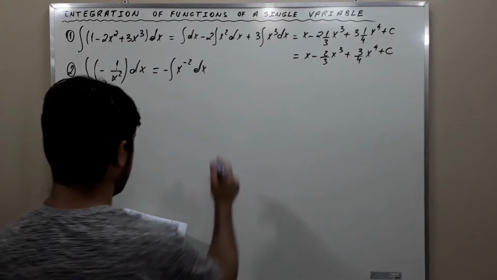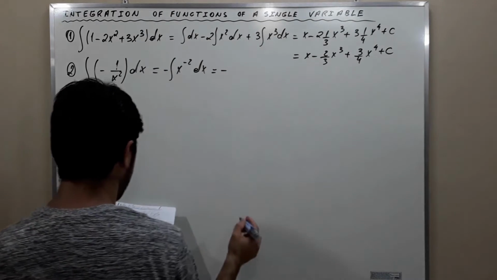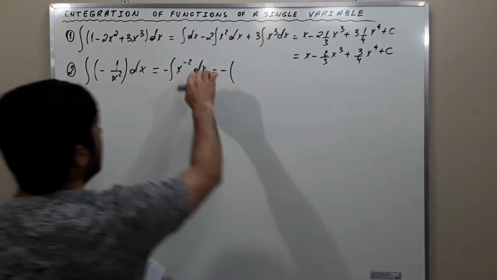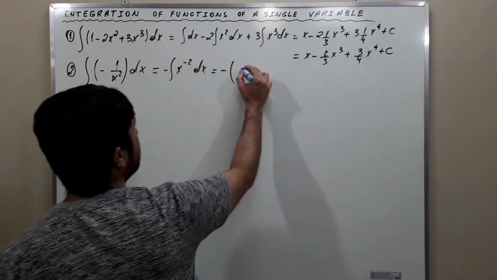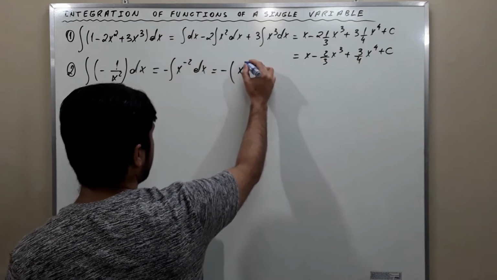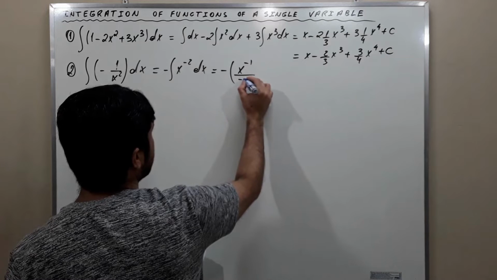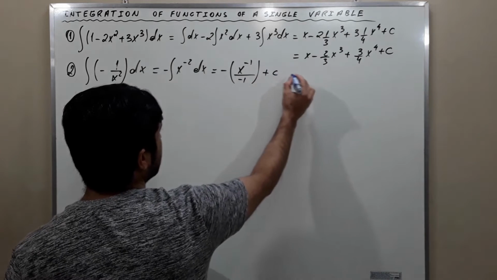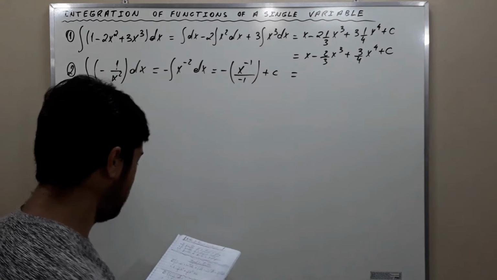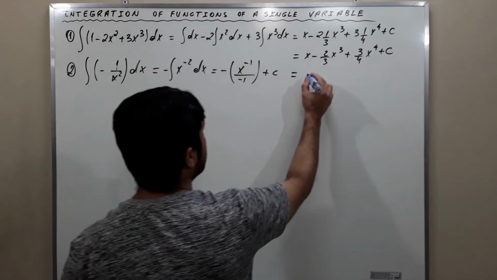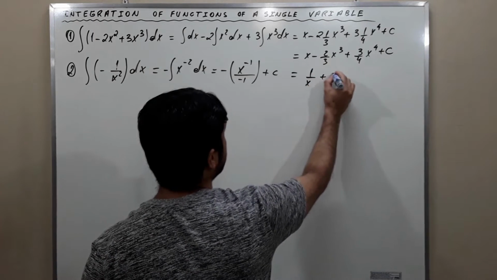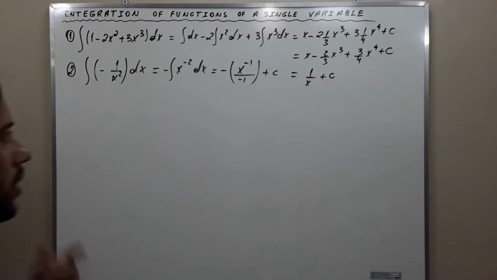And this is going to be the negative of, I sum 1 here, x to the negative 1 divided by negative 1 plus c. And then, simplifying it further, it becomes 1 over x plus c. Okay? This is the result of exercise 2. Let's go to exercise 3 now.